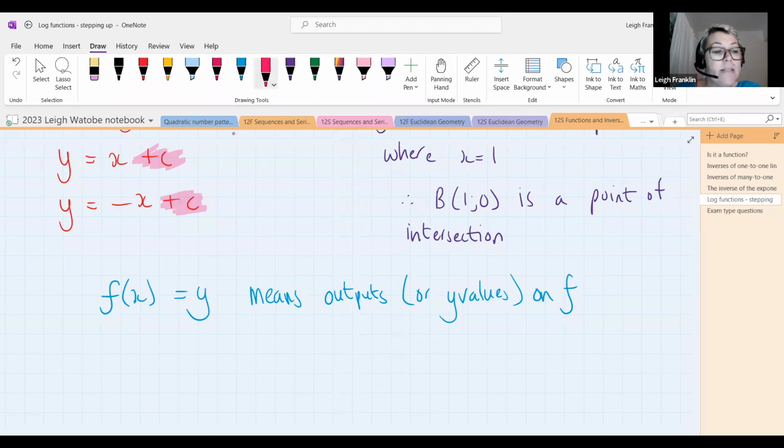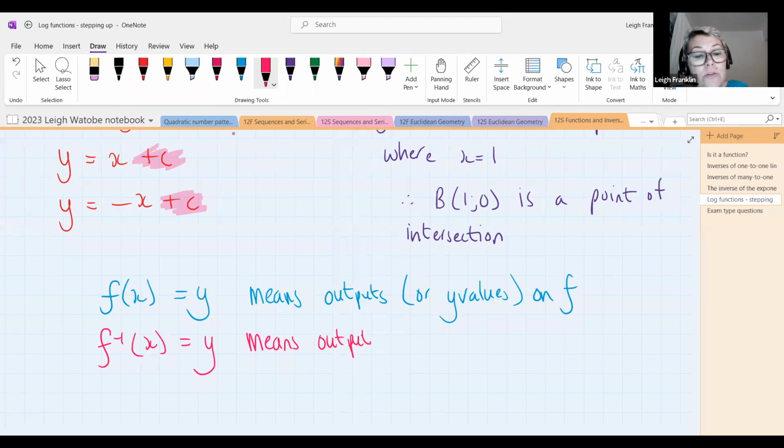If you are writing f minus 1 of x, that is also y. But what it means is the outputs or y values on the inverse of f.